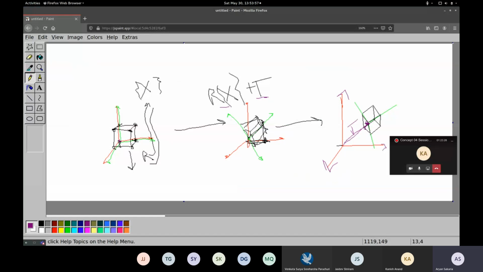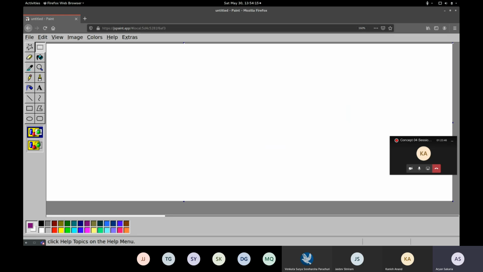So here's the thing now. You have these points, and they can be described in both the camera frame and the world frame. Let me start over. Here's what happens in real life. You have a nice little world frame sitting here, and you have some points that are described in the world frame.